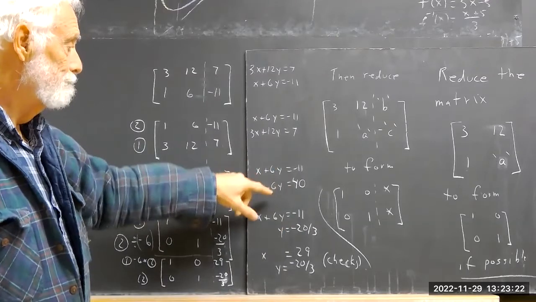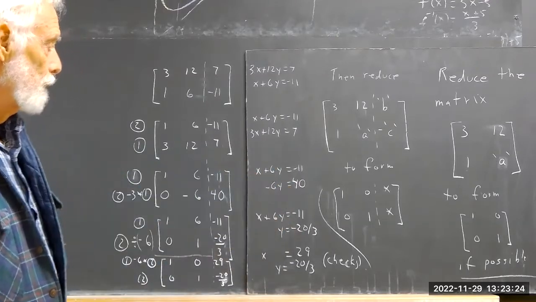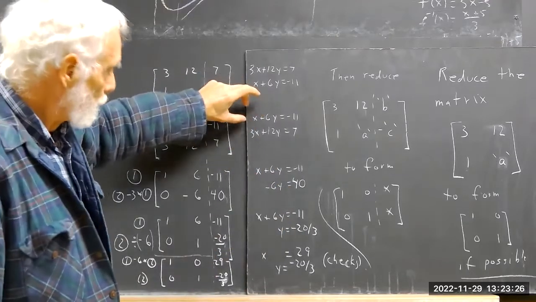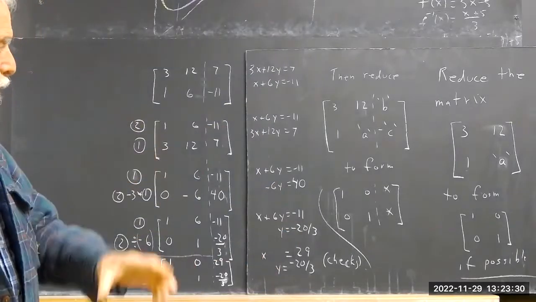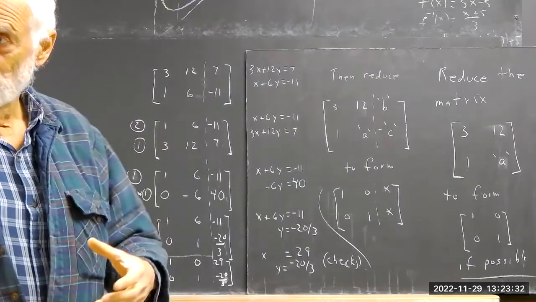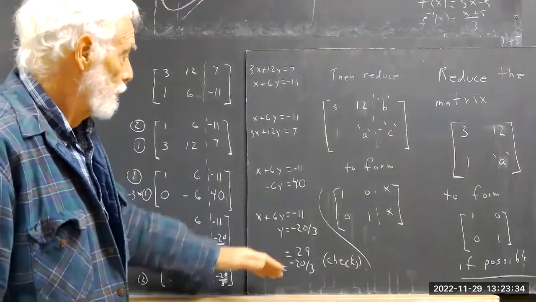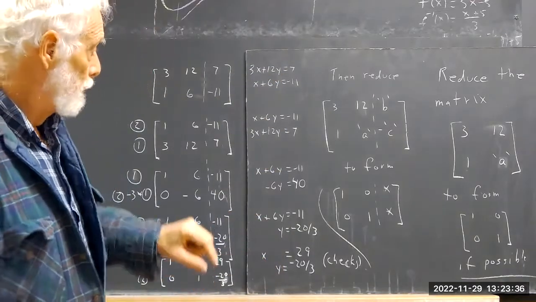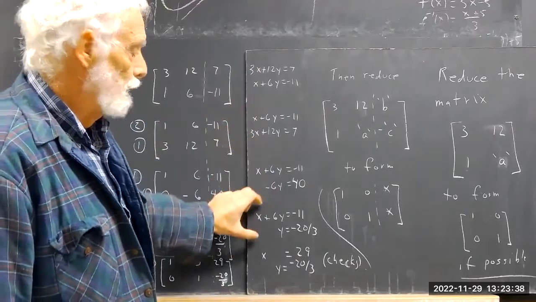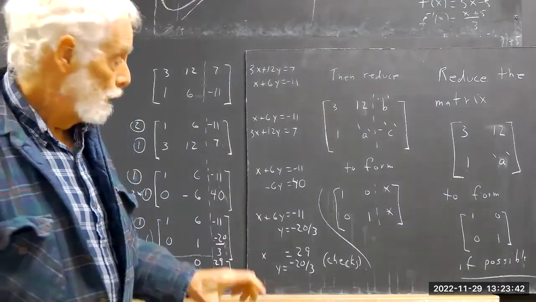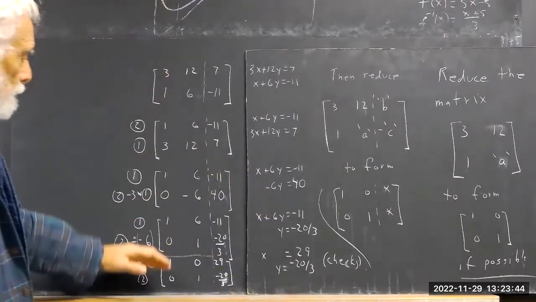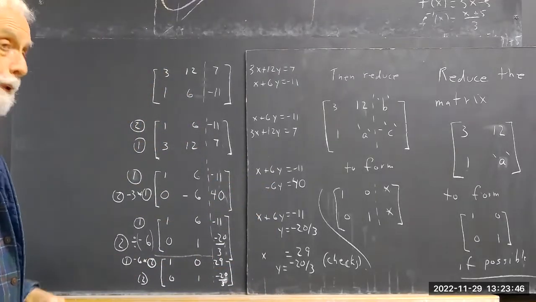My result is good. So again, minus 3 times this plus this gives me this equation. Now, the difference between what I'm doing here and what you're doing when you write out these equations is you're not necessarily writing out 2 equations every time. If you do, you see more clearly how everything corresponds to what we're doing.